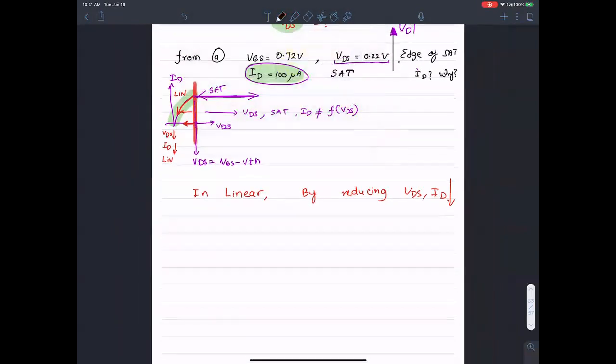I don't know. Let's look at the equation for current in the linear region. ID is mu n C oxide W over L, VGS minus VTH, into VDS minus 1/2 VDS squared.